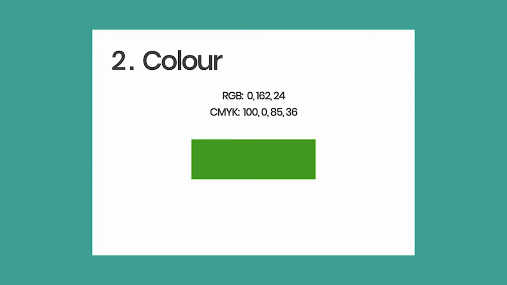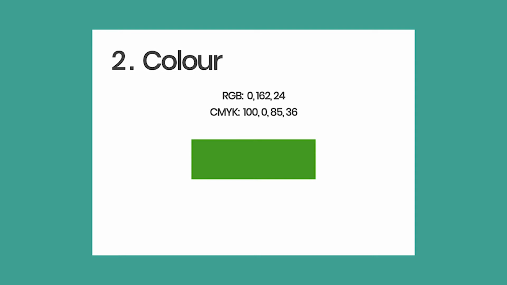Fantastic. Let's look at the CMYK. CMYK is when you're designing stuff that is to be printed on surfaces, like paper, cardboard, plastic, whatever it may be. And it stands for cyan, magenta, yellow, and key. Key is the black element inside the CMYK colors. As you can see, there's 100% of cyan, no magenta, 85% yellow, and 36% black.